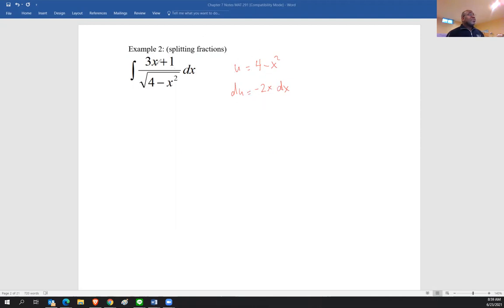That is to say, we rewrite the integral in two parts. So we have 3x over the square root of 4 minus x squared plus 1 over the square root of 4 minus x squared.